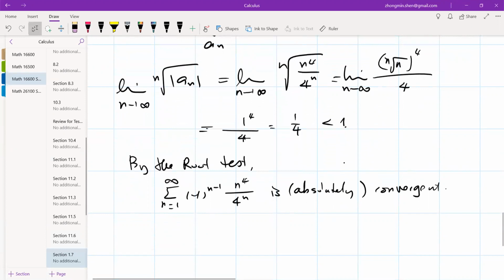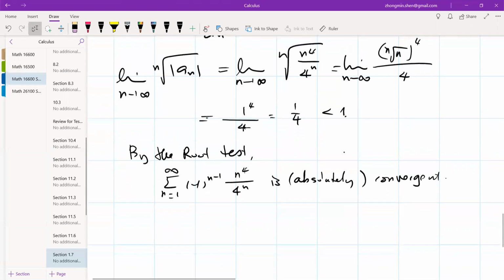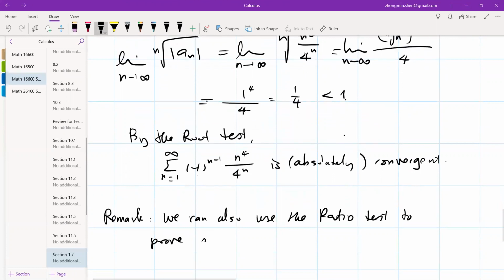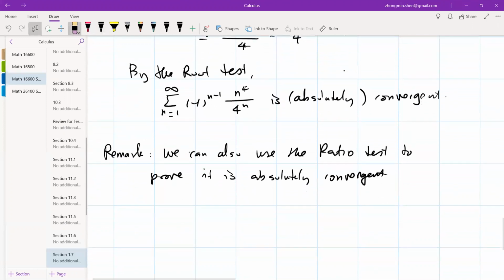Note, we can also use a ratio test to prove it is absolutely convergent. You can try that by yourself.